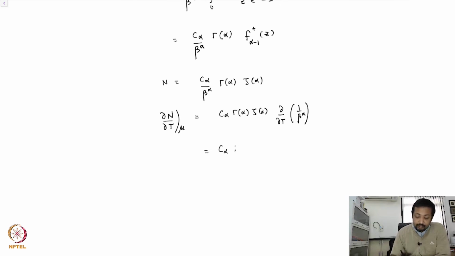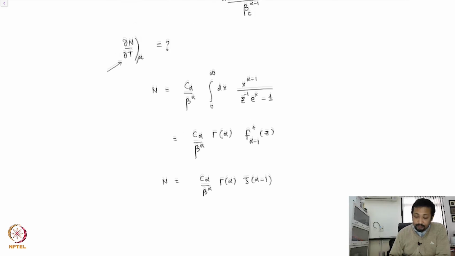This I rewrite as C alpha gamma alpha zeta alpha. I think I have made a mistake over here. This is also going to be zeta of alpha minus 1, and this is going to be zeta of alpha minus 1.